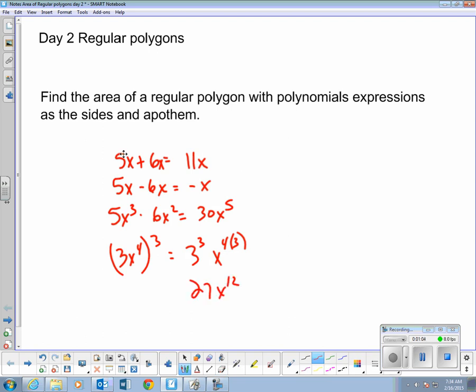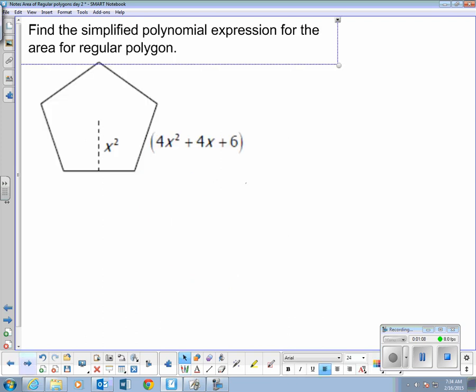Just to go over those basic rules, that will help us when we're working these problems. So here's our first problem.